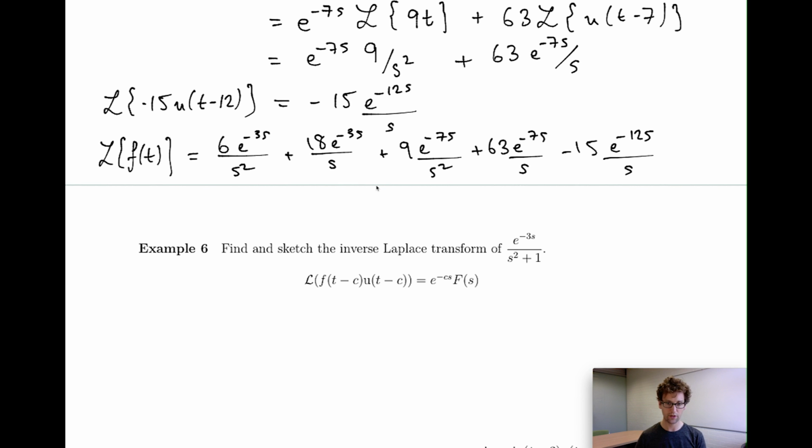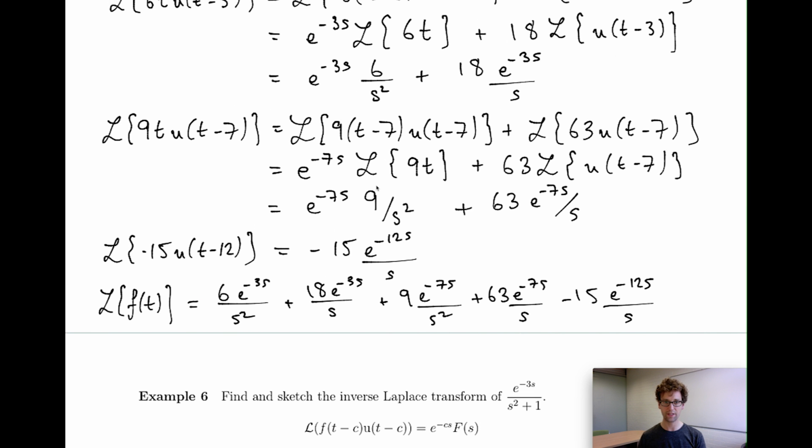So you can see that we turned this function, which had 3 different discontinuities, into a continuous function in the Laplace transform world.